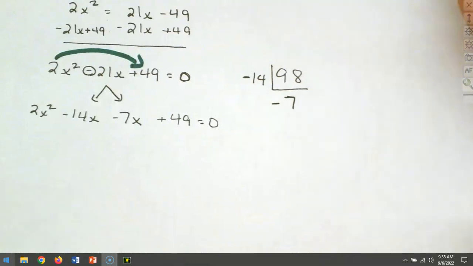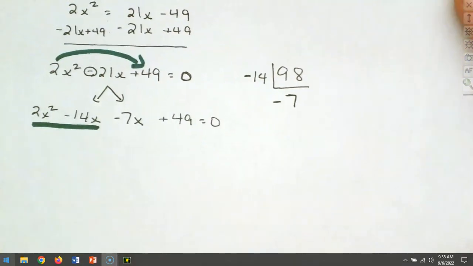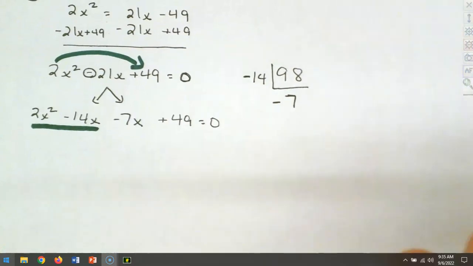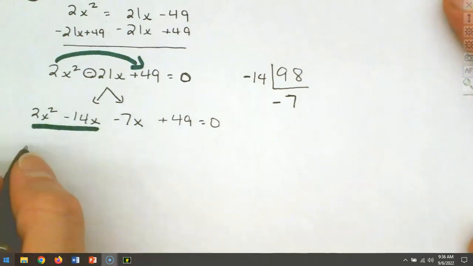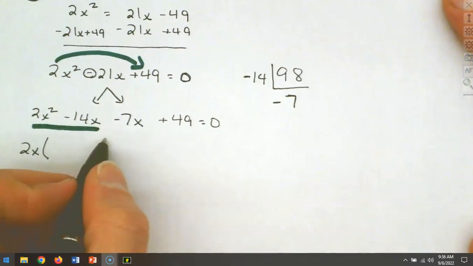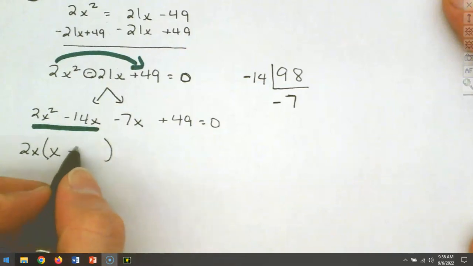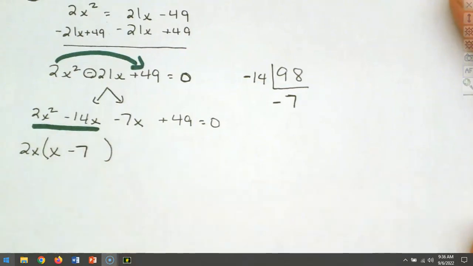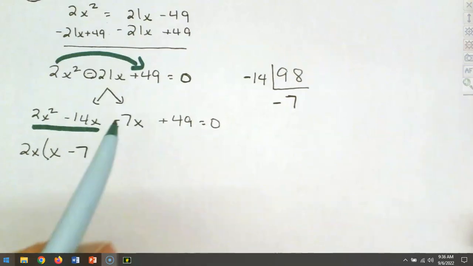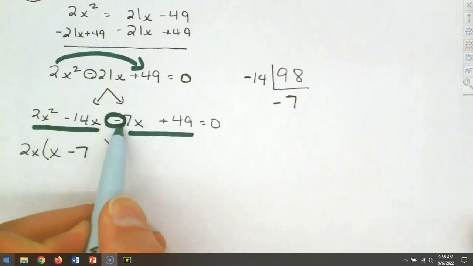Now, what we do is we factor it by grouping. So we're going to group the first 2 together, and we see what's in common. A 2 and a 14, what do they have in common? 2, and they also have an x, so a 2x comes out. So that left you then with an x minus 7, isn't it? Now the next 2 pieces we have to be careful, because it begins with a negative.